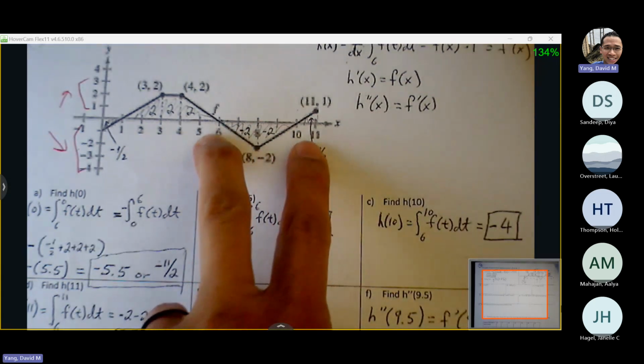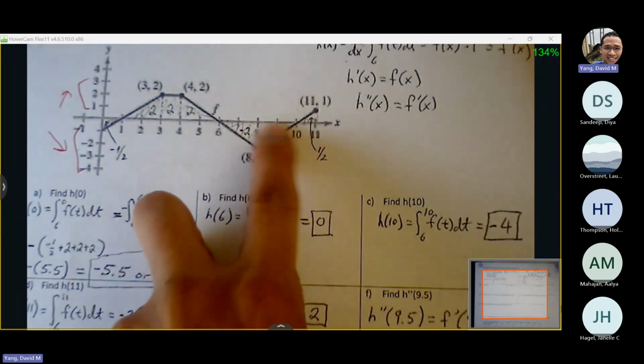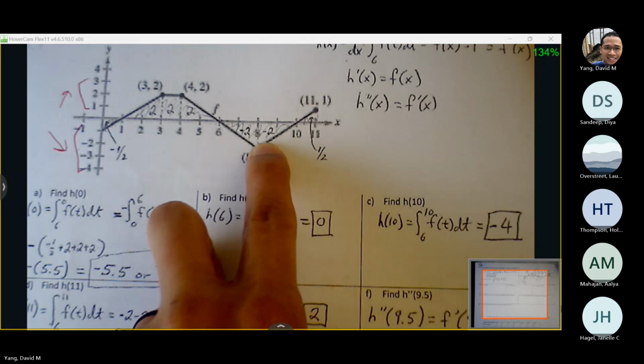So 6 to 10, just the two triangles below the x-axis, so -4.